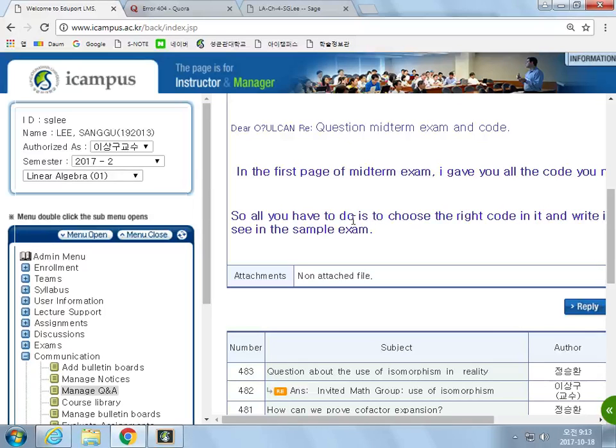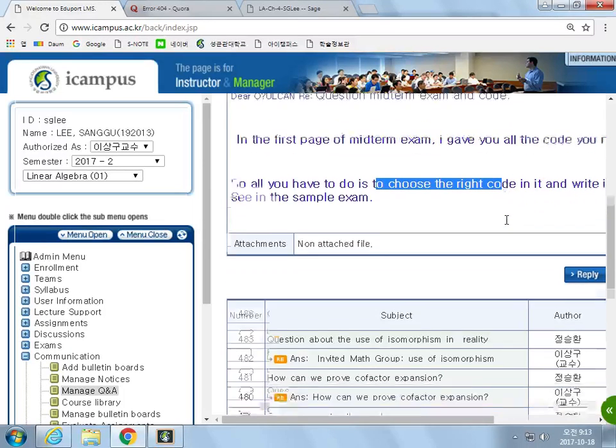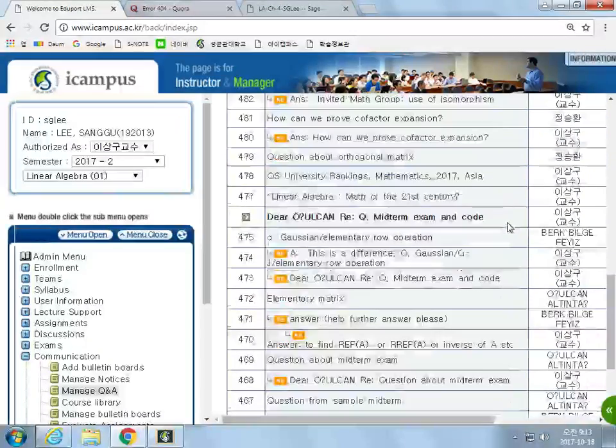So all you have to do is just choose the right code in it, and copy it down in the right place in the exam. That's all you have to do. So you don't have to memorize anything. If you have done it once, then you will be able to easily find the same code from the box.